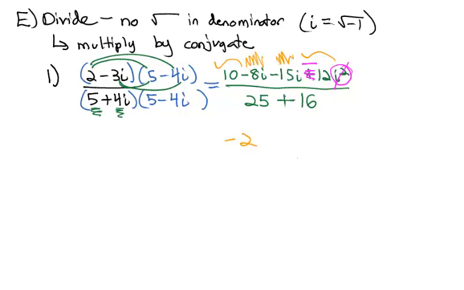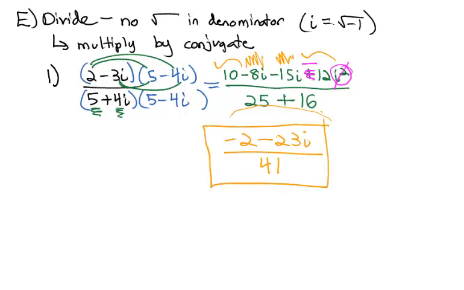Negative 8i minus 15i is negative 23i. All over 25 plus 16 is 41. We can't factor and reduce, so this is our final solution.